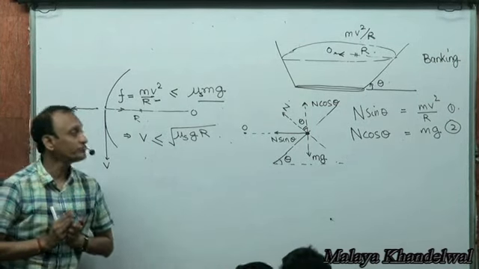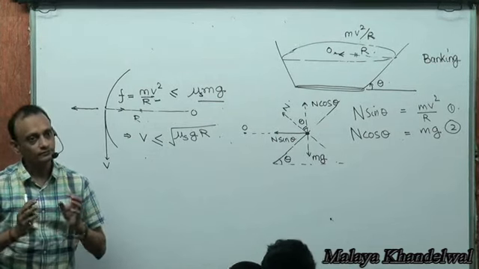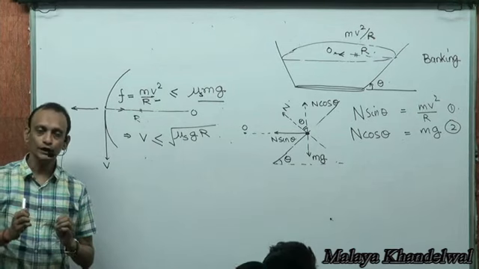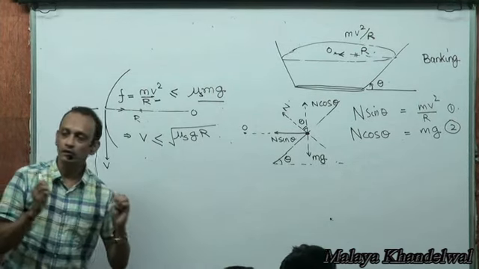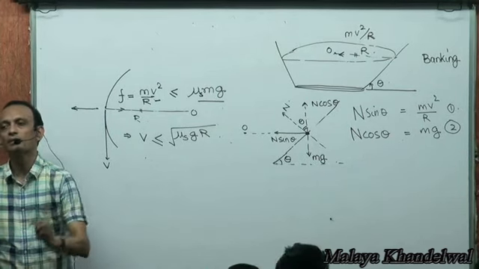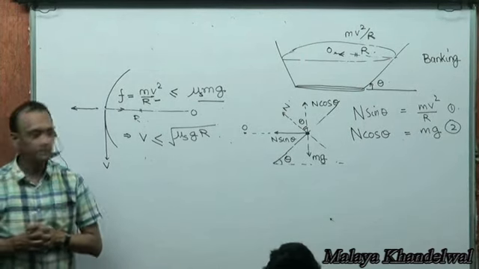With this combination of V, R and theta, I'm able to negotiate the circular trajectory, and it's only normal reaction which is providing us the requirement, right?